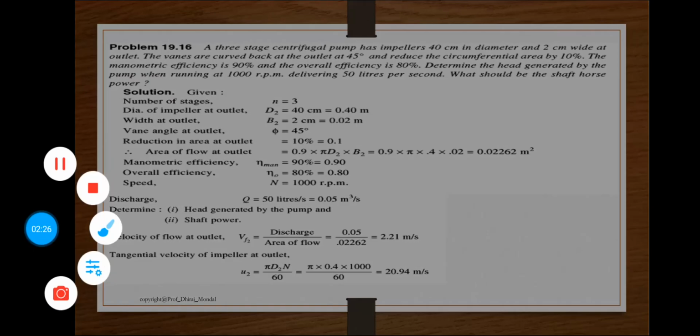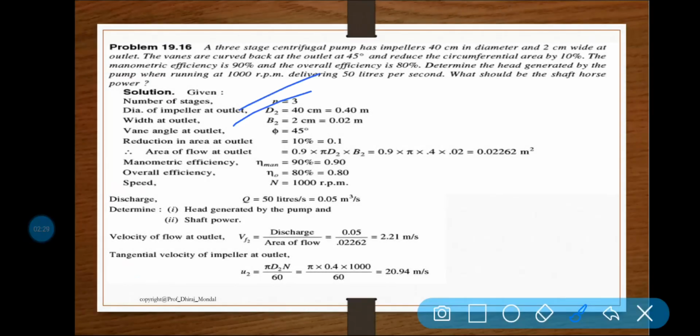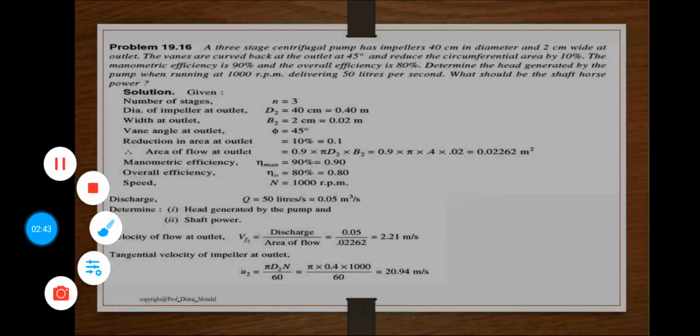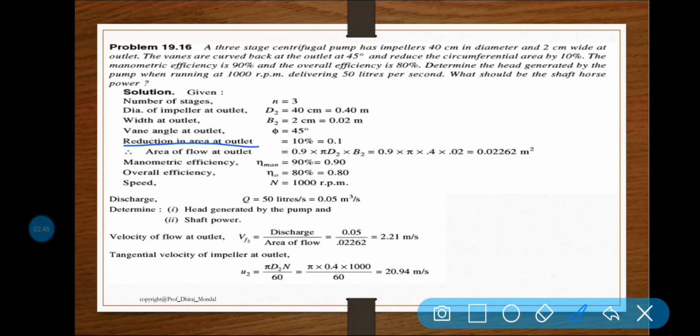Now see the problem: N is given, D2 given, b2 given, phi given, and the reduction of area is 10%, 0.1. So area of flow at outlet is 0.9 into pi D2 b2. Am I right? Because the reduction of area is given as 10%.